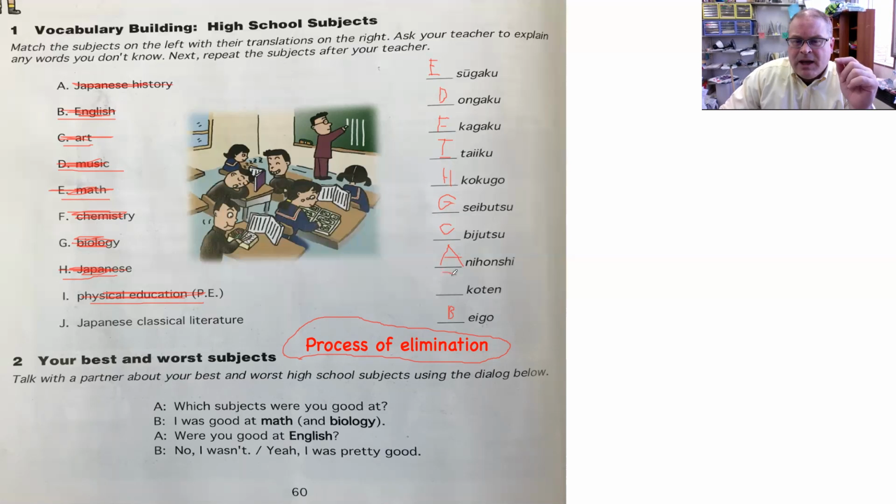See how I did that? I first answered the questions I knew, and then it gradually became difficult. When it gets difficult, there are only two or three choices left. That's called process of elimination. Let me check the dictionary. How do you say Japanese classical literature in Japanese?